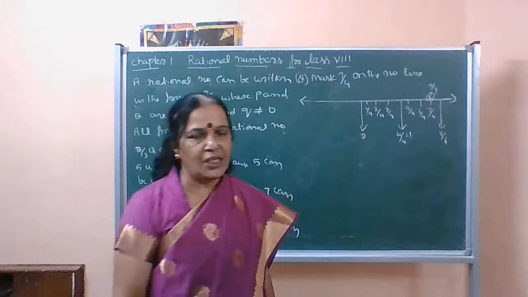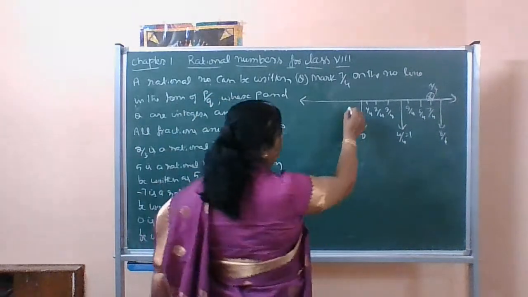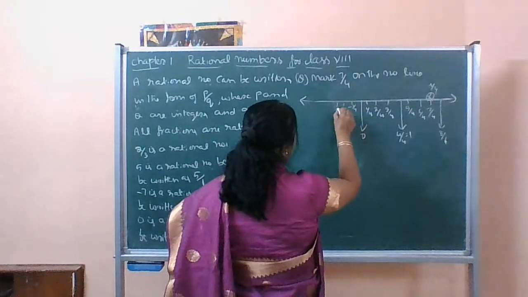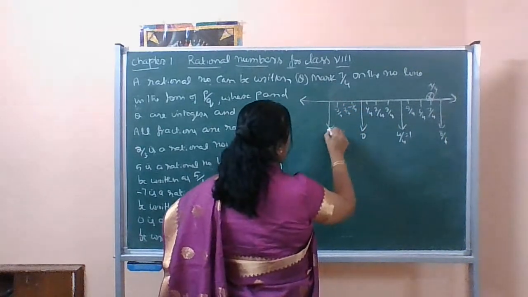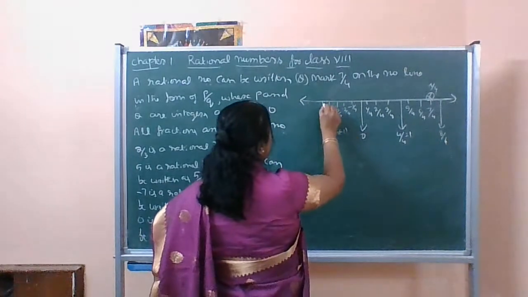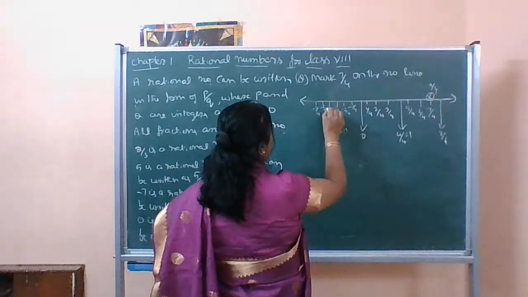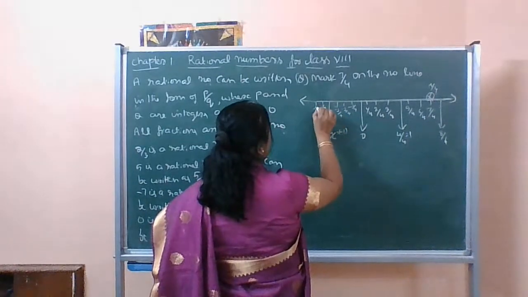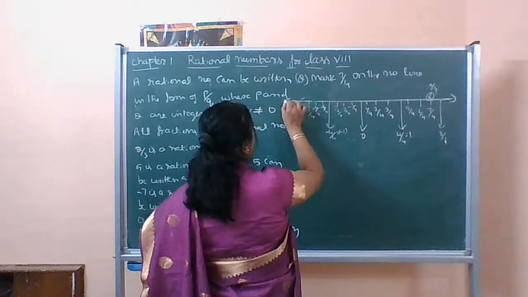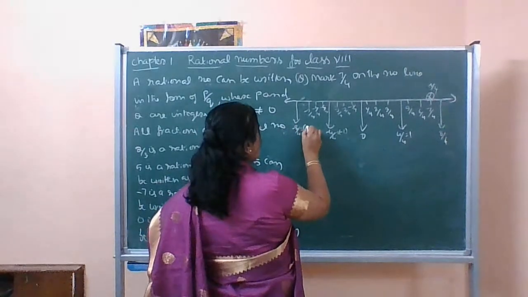Since it is a rational number, we have to mark both the sides, that is minus 1 by 4, minus 2 by 4, minus 3 by 4 and minus 4 by 4 is minus 1, and then minus 5 by 4, minus 6 by 4 and minus 7 by 4, and it continues, minus 8 by 4 is minus 2.